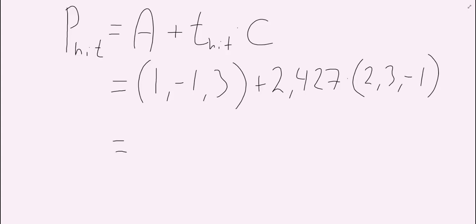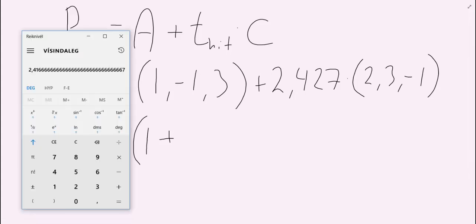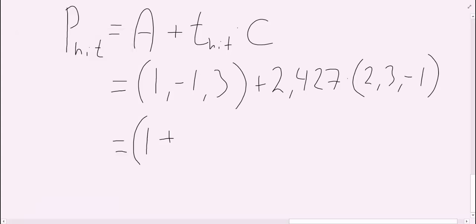Which equals, let's set this up nicely here, 1 plus 2.427, or we can just use this exact thing. Oh no, since we were already rounding it, let's use the rounded number, 2.427 times 2, 4.854.